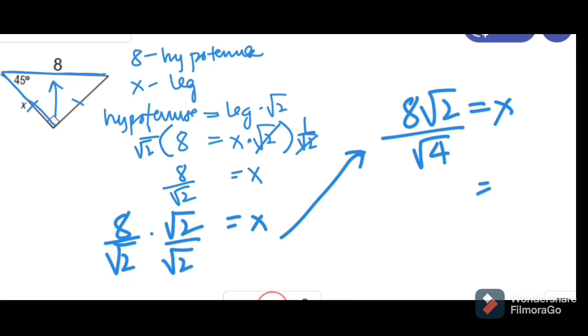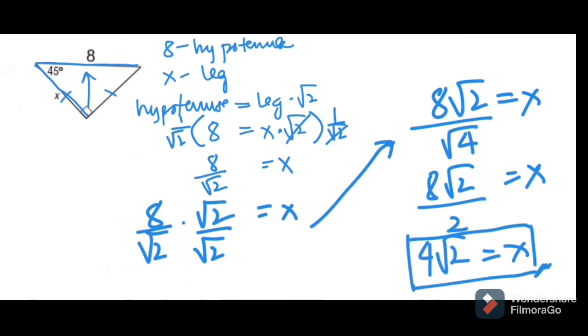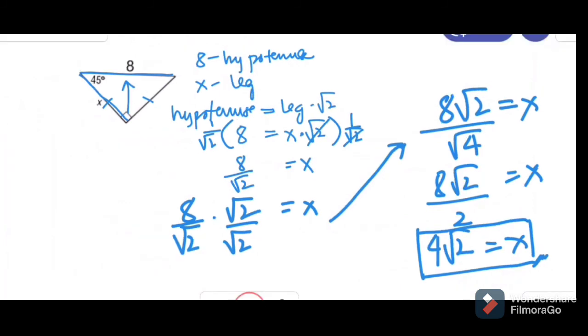And then we simplify. 8 square root of 2 over the square root of 4, which is 2. Simplify more. 8 divided by 2 is 4. Then square root of 2. So, this is now the measure of the leg. x is equal to 4 square root of 2.